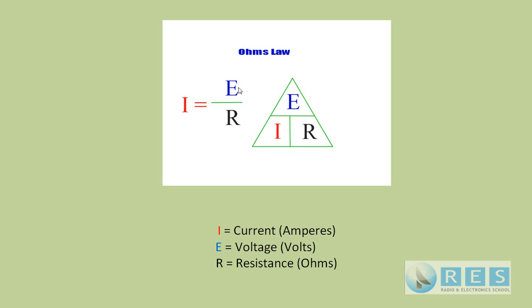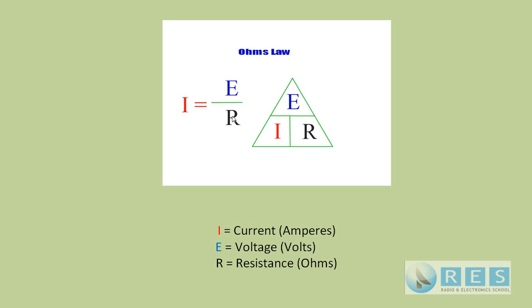What Ohm found is that if you wanted to calculate current, you could find it by dividing the voltage by the resistance. So for example, if you had 10 volts and 2 ohms, 2 into 10, the current is 5 amperes. So if you know the voltage and resistance, you can calculate the current.